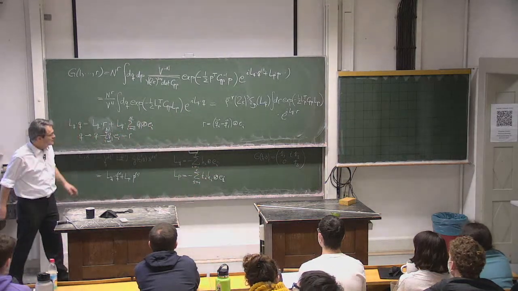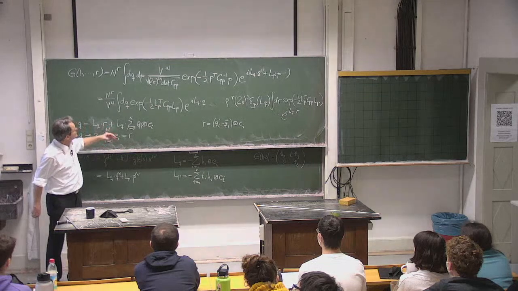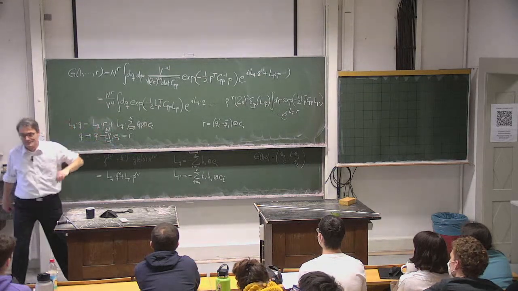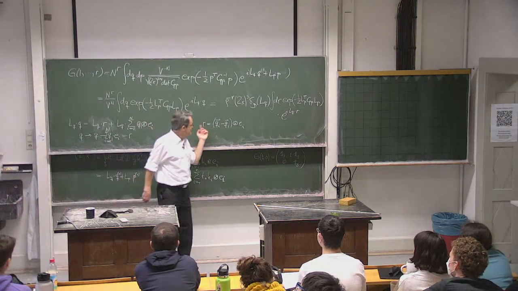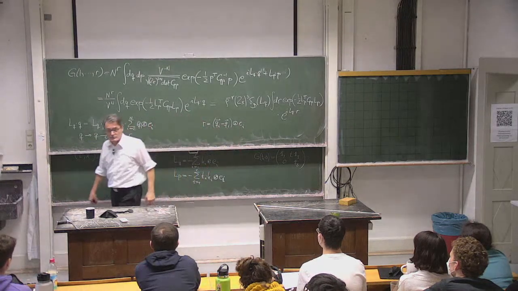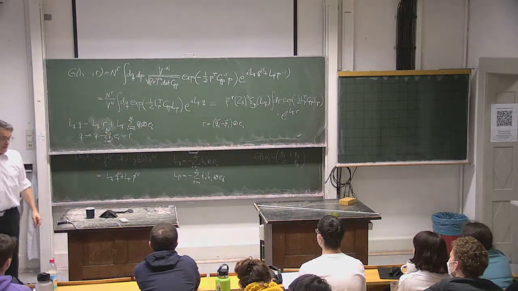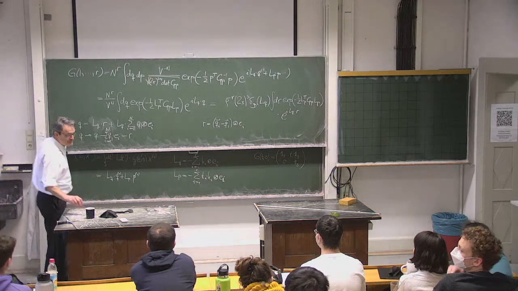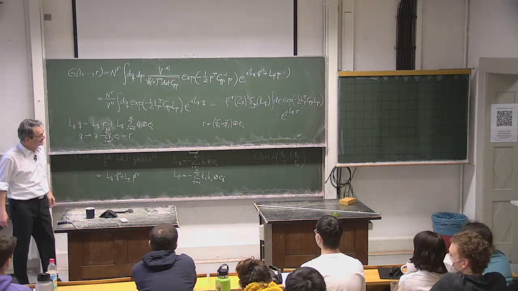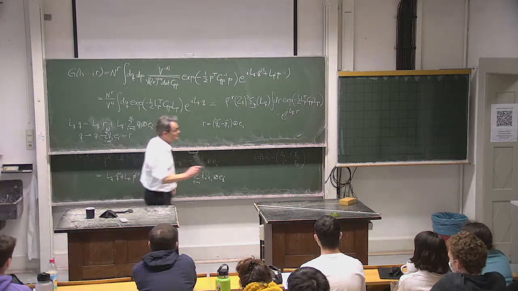I know it's confusing because here's another R. But I wanted to have the R because it's a relative coordinate with respect to Q1.